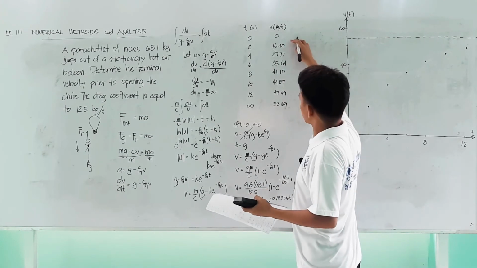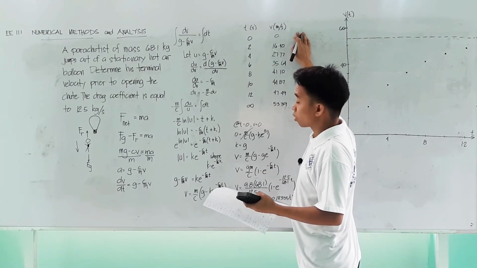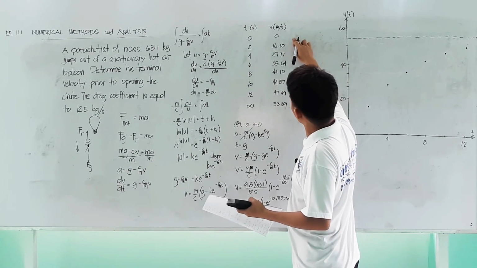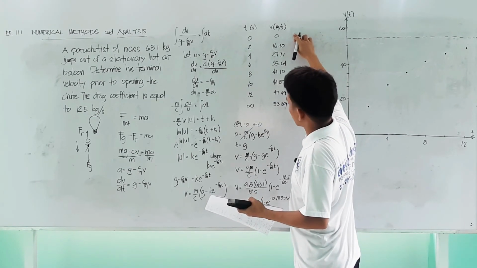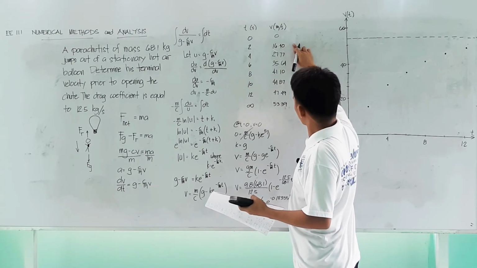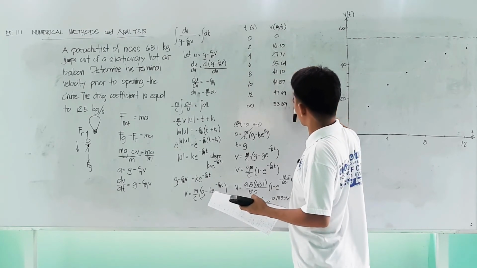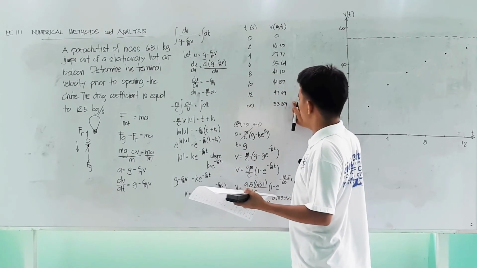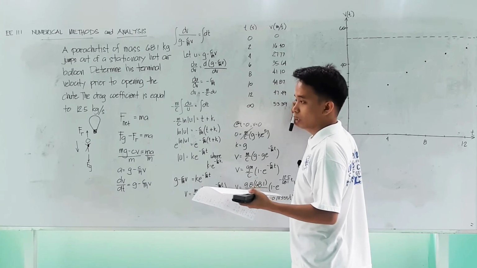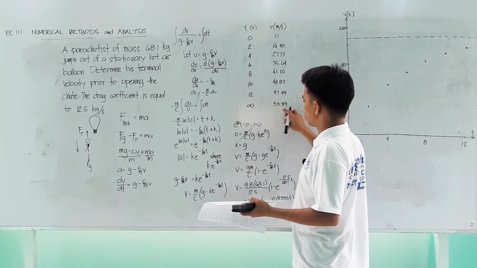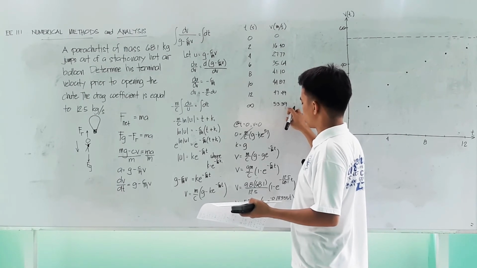So as you can observe in these values, at first the parachutist accelerates at a much faster rate, and eventually acceleration reaches 0, which in turn results in a velocity which is constant. So that's why it reaches this terminal velocity of 53.39.